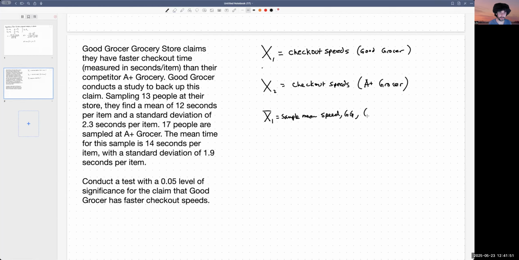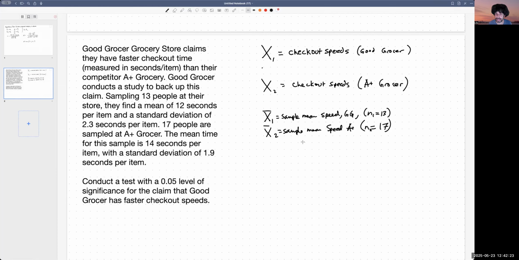And in the case of Good Grocer, our sample size is 13. Let's call this N1. And then there's this sample mean speed for A Plus with a sample size of 17. That's our N2. Again, you don't have to write all this out, but it's probably a good idea to at least attempt to understand this.